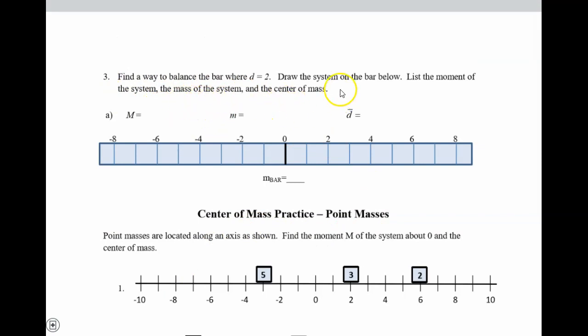You can post questions to the forum if you need to, but find a way to balance the bar where D is 2. This should be your center of mass at the end. Think about where you might want to put some masses on the left and the right, so that the moment comes out equivalent on both sides of this value of 2.